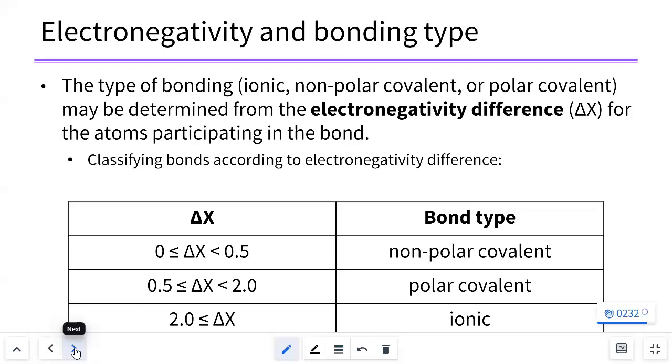So here's where we get into the redox part of the conversation: is the sharing so uneven that we actually think about the electron as having been transferred from the less electronegative to the more electronegative element? When that's the case, we're talking about ionic bonding.